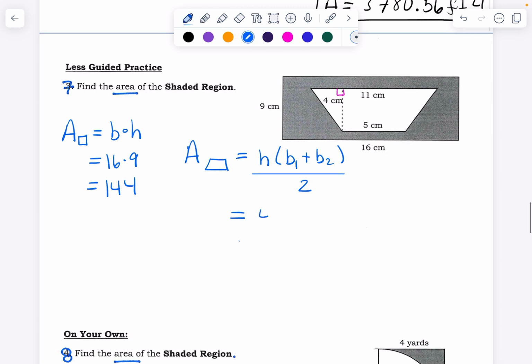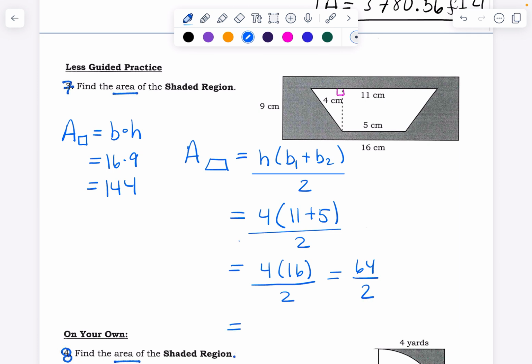So I would have 4 times, so one of the bases is 5 and the second base is 11. So you could say 11 plus 5 or 5 plus 11, it really doesn't matter. All divided by 2. So 11 plus 5 is 16. 4 times 16 is 64. And half of 64 is 32.